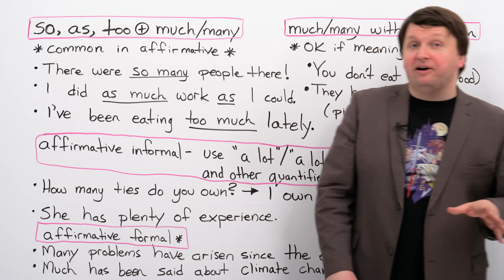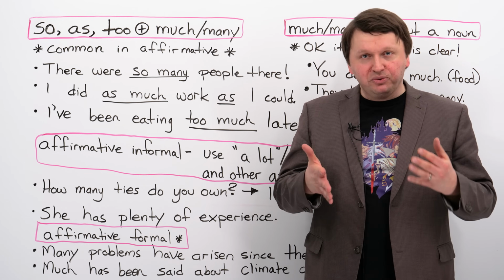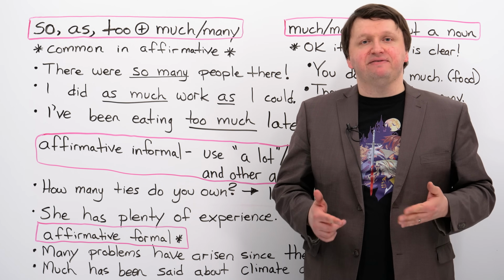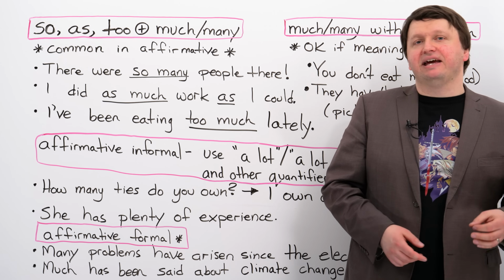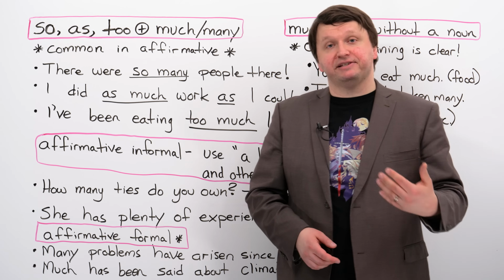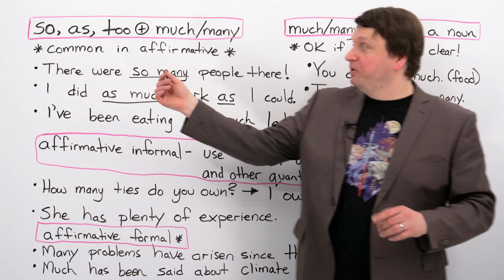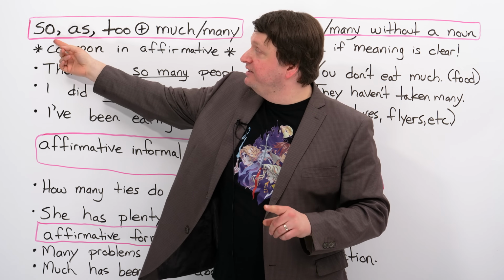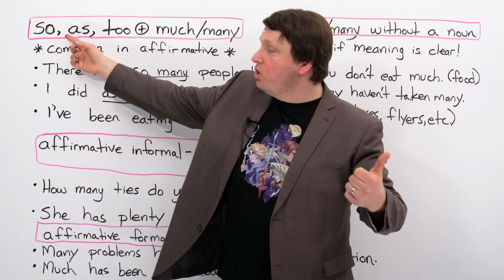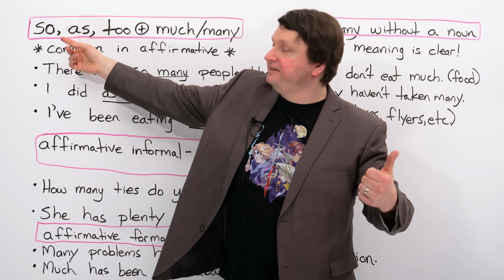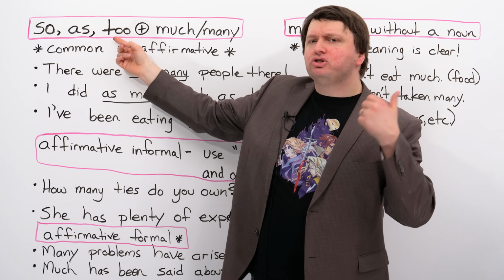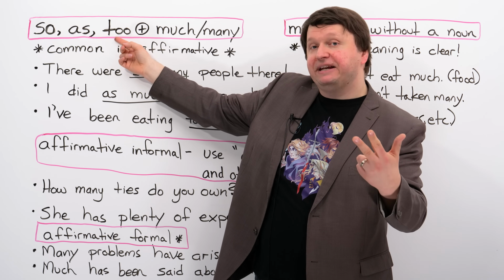Okay, now before I said you can use much and many in affirmative sentences. Let's look at some situations where this is possible. So one situation is if you use so much or so many, as much or as many, too much or too many.